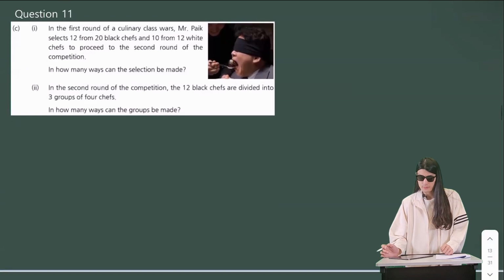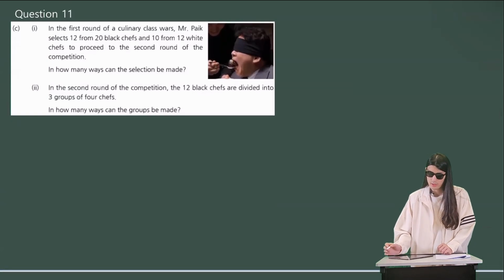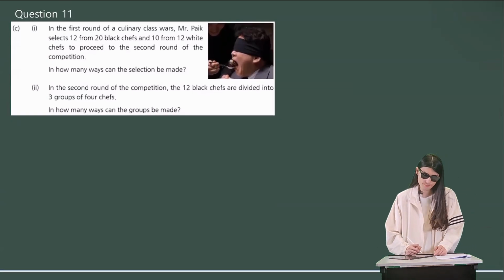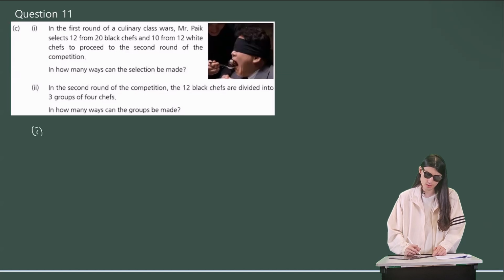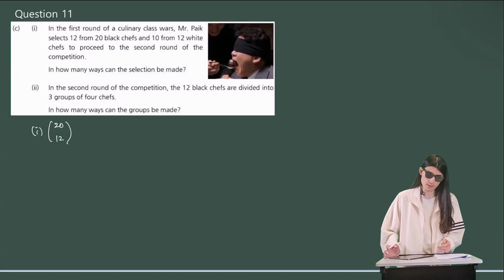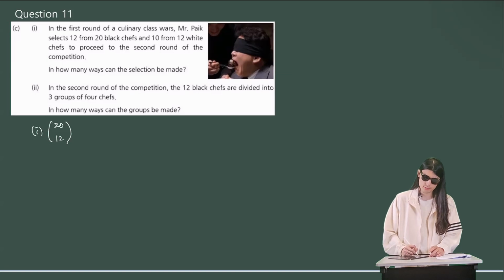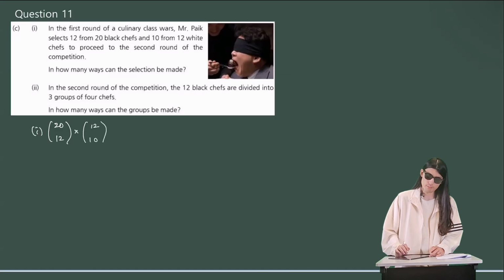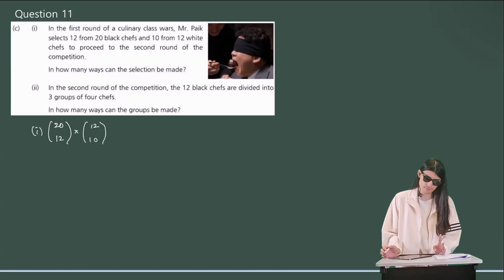11c, I. Okay, first part. 20c12 for the number of ways of selecting the black chefs, and 12c10 for the number of ways of selecting the white chefs.